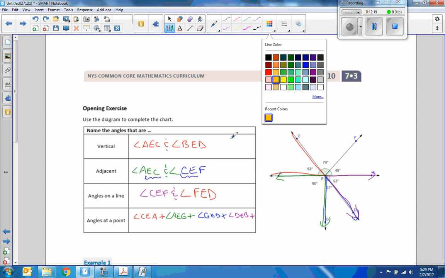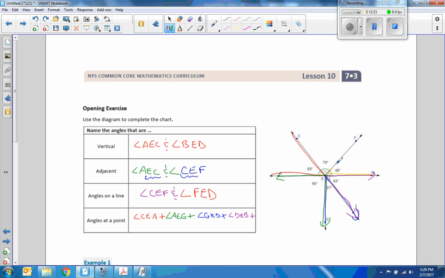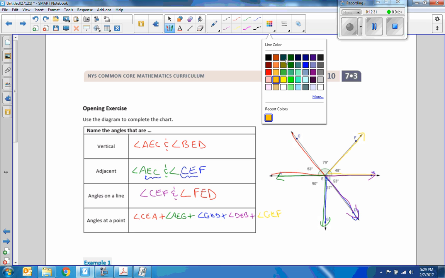This color, angle GEF. It's kind of hard to see, so I better pick darker for the next one. And how about, oh, I don't know, just light green.